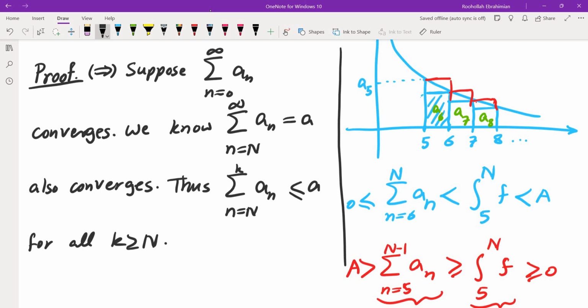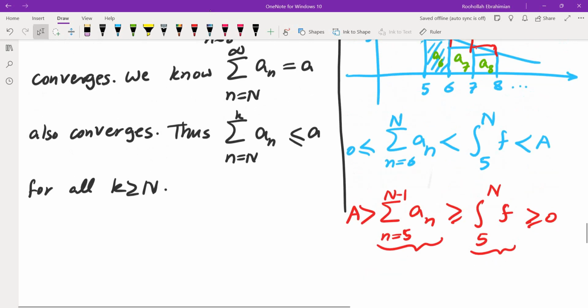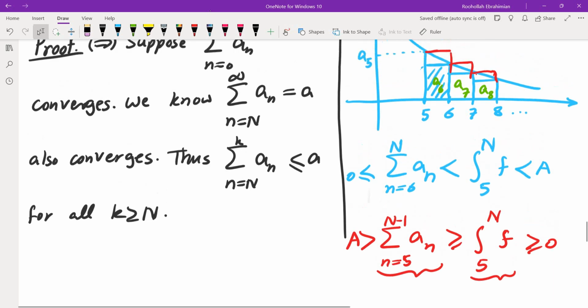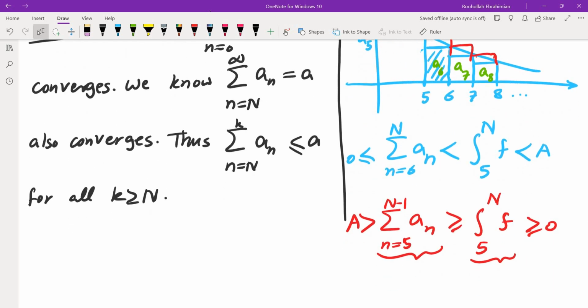Okay, so now we're going to find the relation here. We know that the series converges, therefore these are bounded. So we're going to write down the inequality. The red inequality is the one I'm going to be looking at. So I know that the function is decreasing.